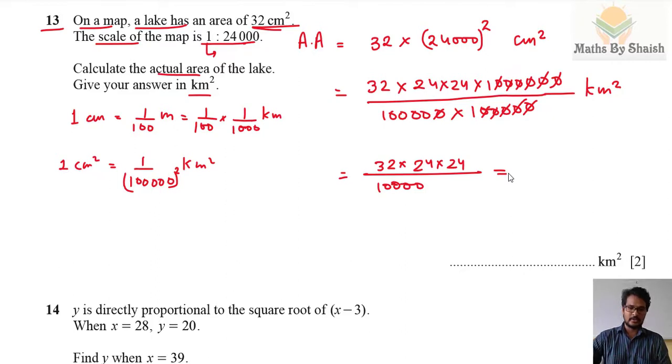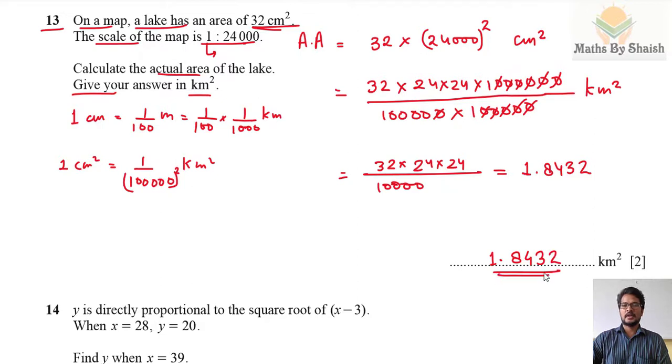This value is coming 1.8432. It is given directly that you need to give your answer in kilometers square, so we are going to give our answer completely, that is 1.8432. And that's the answer.